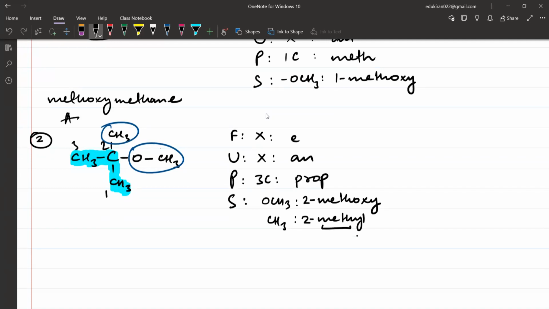Till meth it is the same, now we differentiate with Y or O. Y comes earlier, so methoxy first. So 2-methoxy, then 2-methyl, propane.